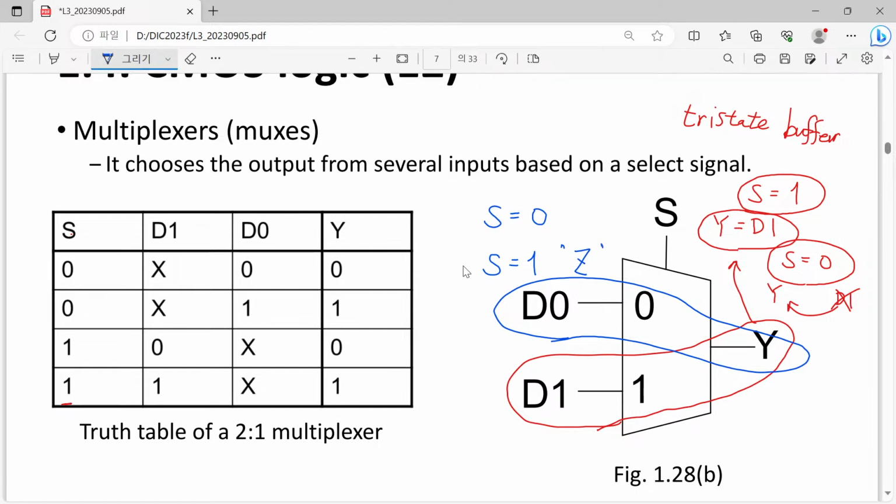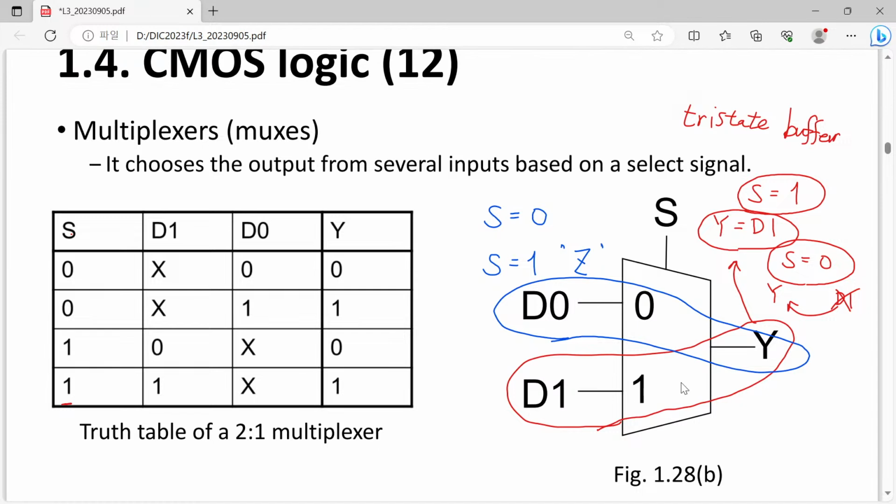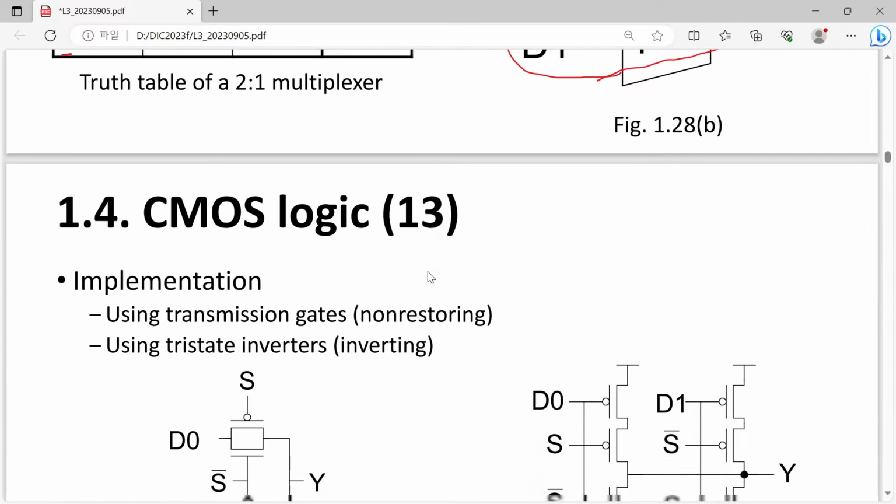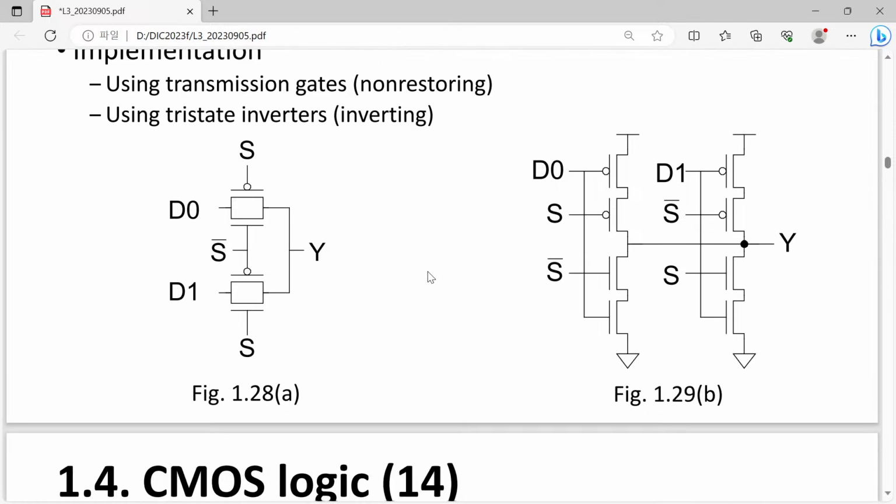So simply speaking, the D1 path and the D0 path are controlled by opposite signals. If we make it that way, then we can implement this one.